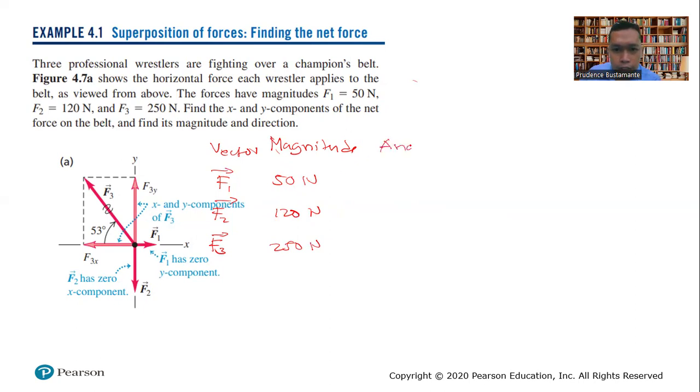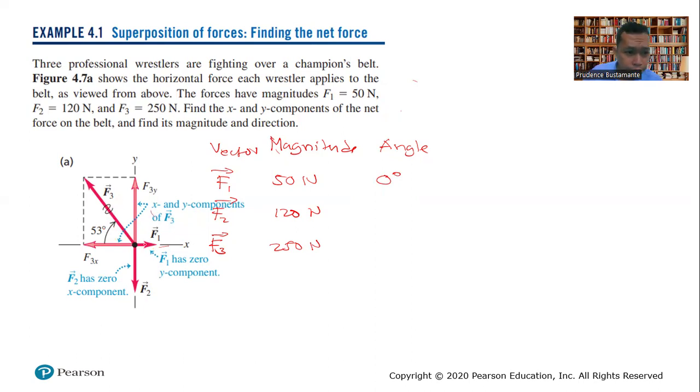Asa man ni nga angle? Atong gikuha ang angle gikan sa positive x-axis. Ang F1, ang iyang angle gikan sa positive x-axis is zero, kay naa man siya diri sa positive x-axis.